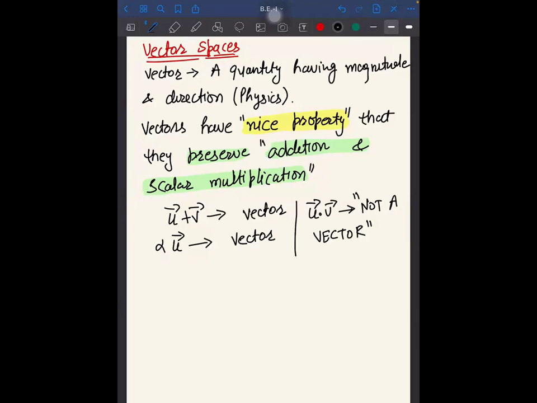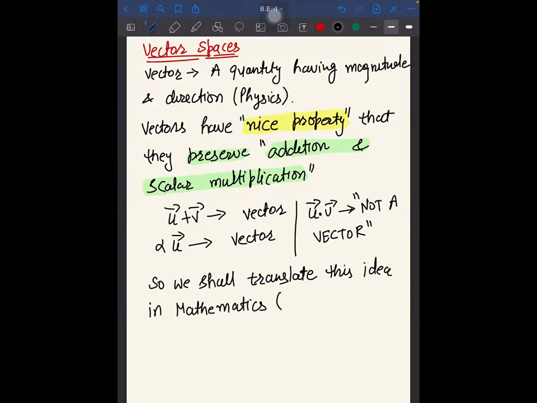So we shall take this idea to the world of mathematics and try to decipher it algebraically. We shall translate this idea in mathematics. So in mathematics, we will be looking for sets which satisfy a few properties.